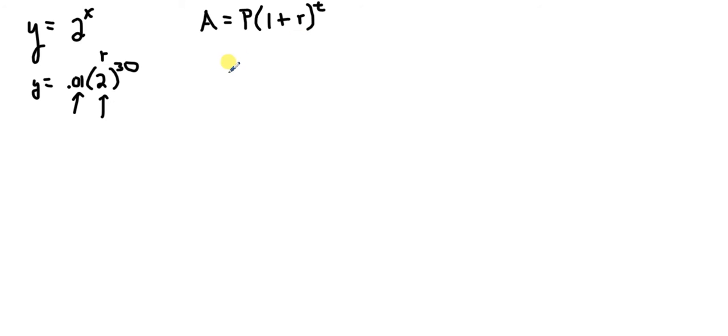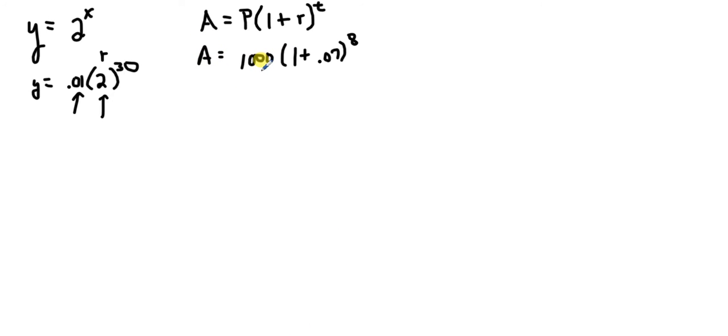And so recall that most interest rates are going to be like 5%, 6%. So just as a quick example, if I have $1,000 and I want to find out how much money I'm going to have at 7% interest, I go 1 plus 0.07 to, let's say, 8 years. And that will give us our amount we'll have after 8 years.